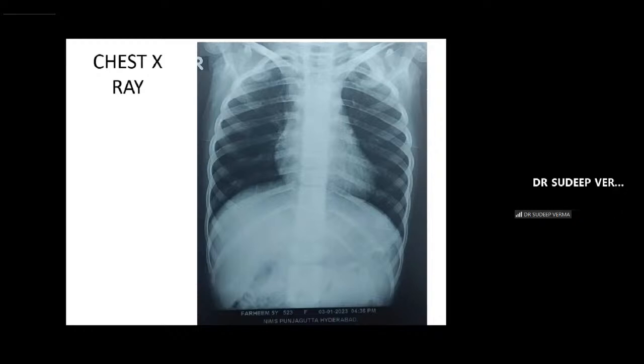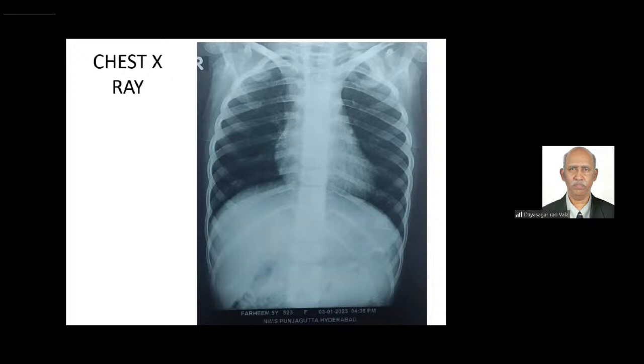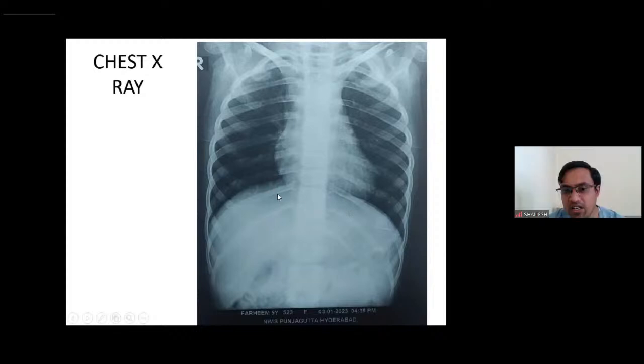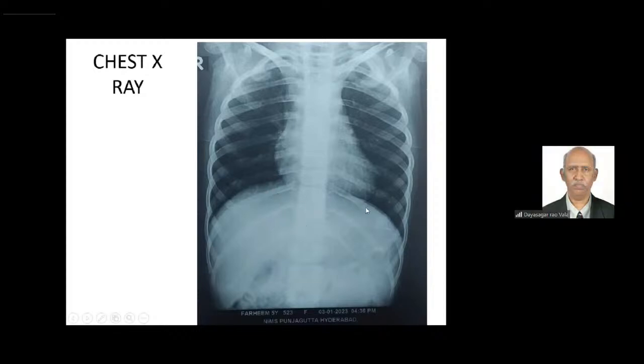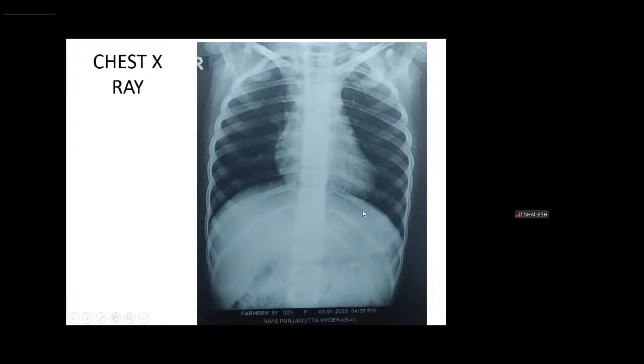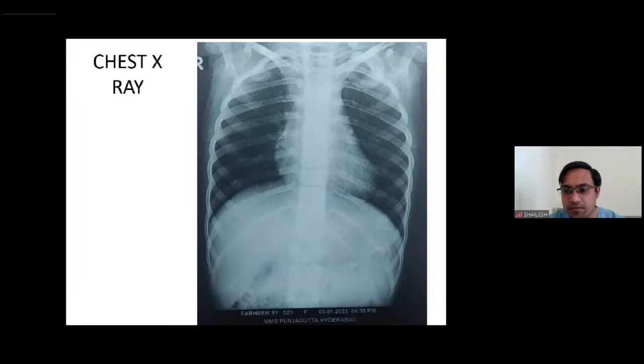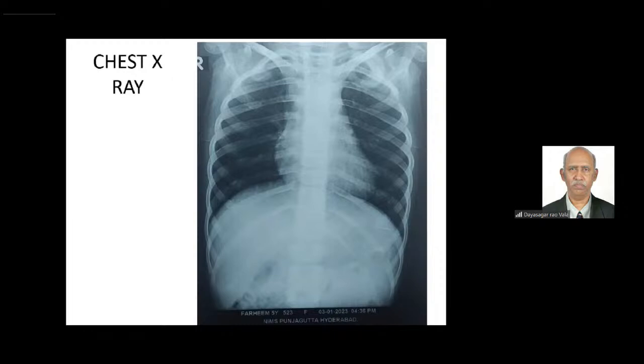That is isolated levocardia, sir. So in a patient with isolated levocardia, which dome of the diaphragm is higher? The right dome of the diaphragm will be higher, sir, even though the liver is on the left side. Yes, so that is an important example to show that the dome of the diaphragm is lower on the side of the apex, not on the side of the liver.